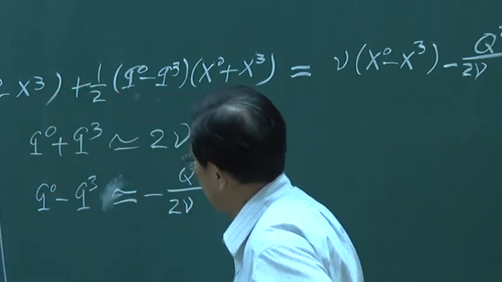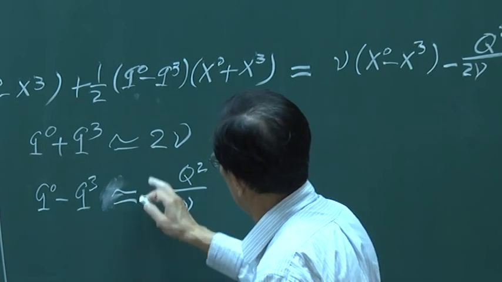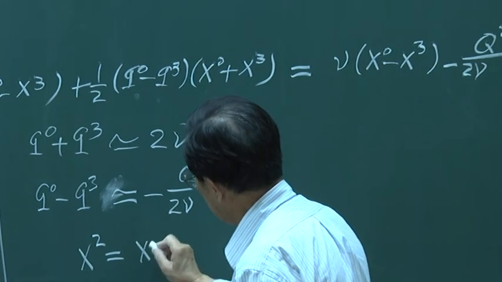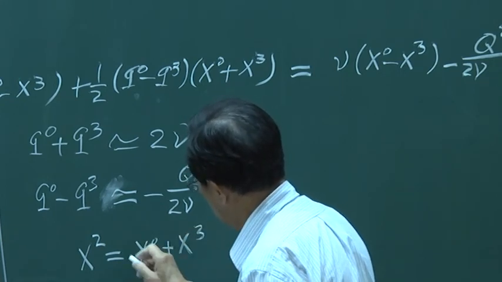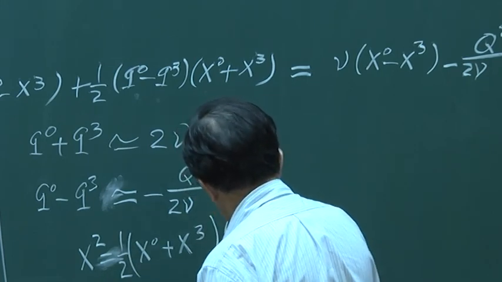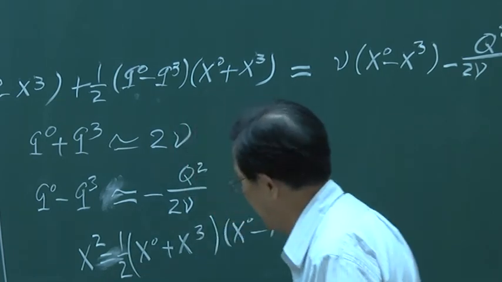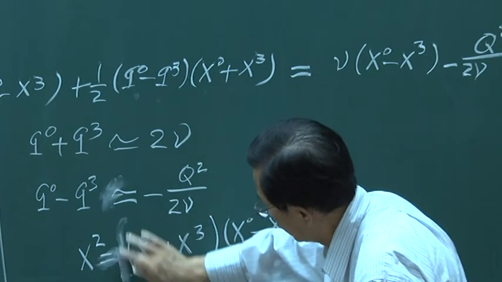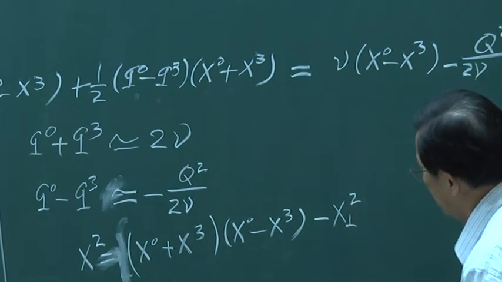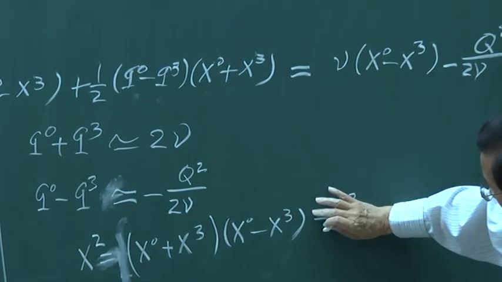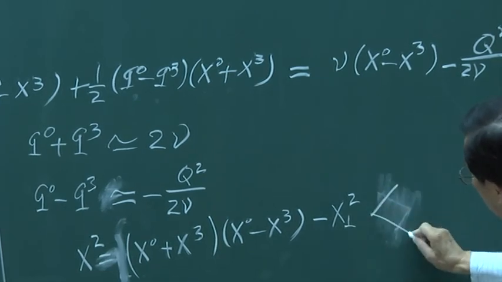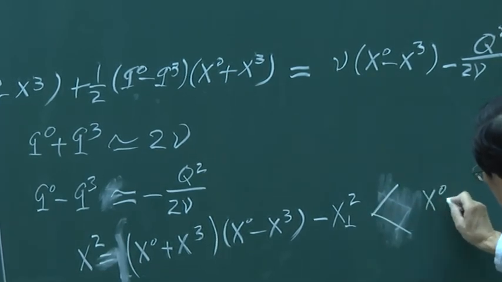Okay. So, what's the x squared? Well, x squared equals (x0 plus x3) times (x0 minus x3), right? Oh, no, there's no 1/2, just equal. And then minus x transverse squared. Now, if I forget about this, then you see that this will be bigger than this, right?